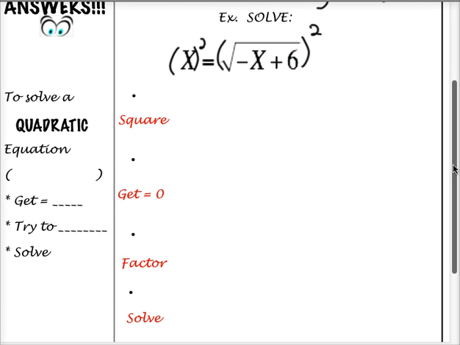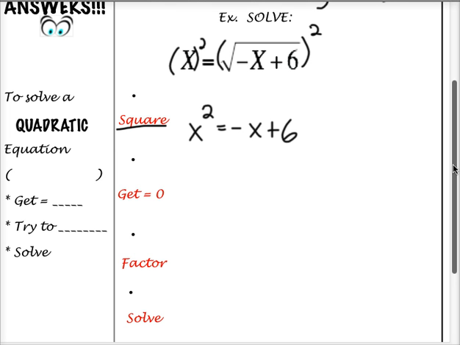So, in squaring both sides, I'm going to get x squared equals, and now squaring a square root just undoes the square root and gives me back what was inside. So I'm done with my first step. I've squared both sides of my equation.